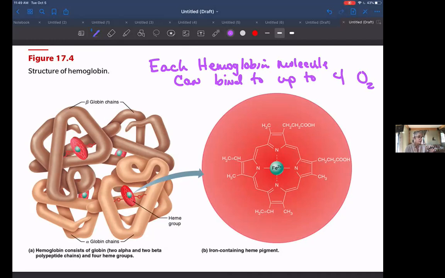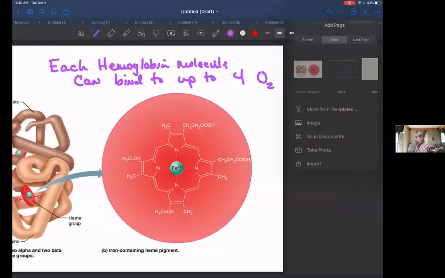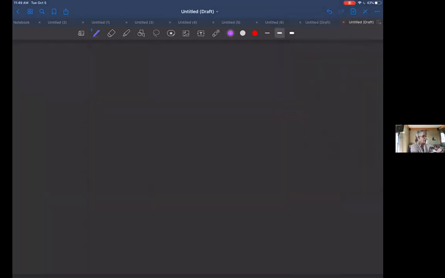Okay, so when we look at this hemoglobin molecule, we can talk about it reversibly binding. And so there's a chemical formula that can be written. This is deoxyhemoglobin, and it can be combined with oxygen, and it binds reversibly to form oxyhemoglobin. Okay, so there's my chemical formula.